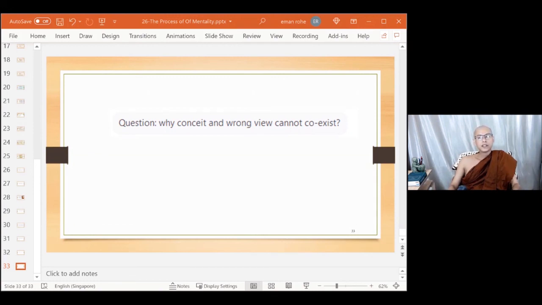To know this difference is quite complicated. First of all, wrong view is taking a view which is not real. A person is not reality. The reality is mentality and materiality. So we think of the group as a person. This is wrong view, one of the wrong views.